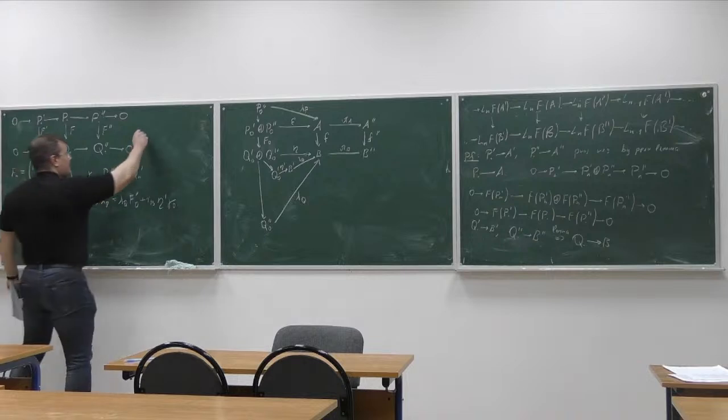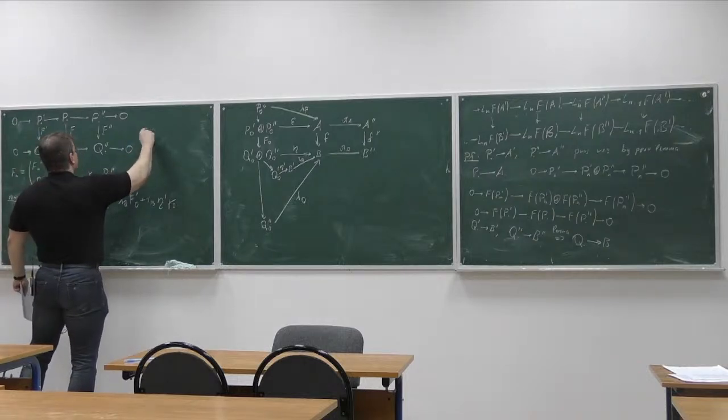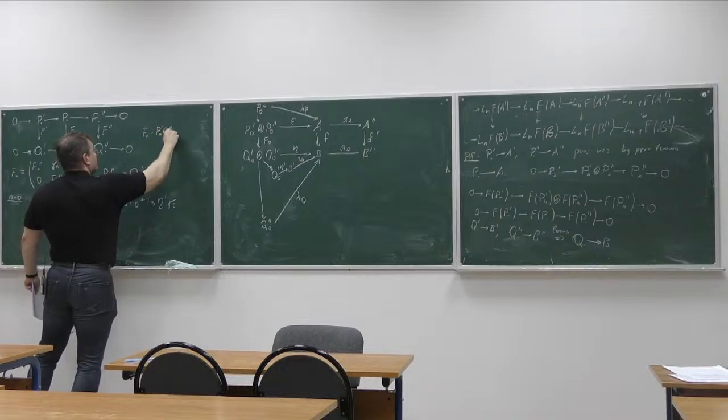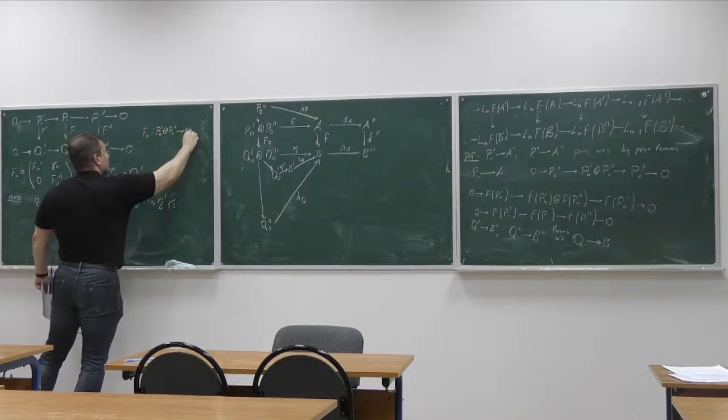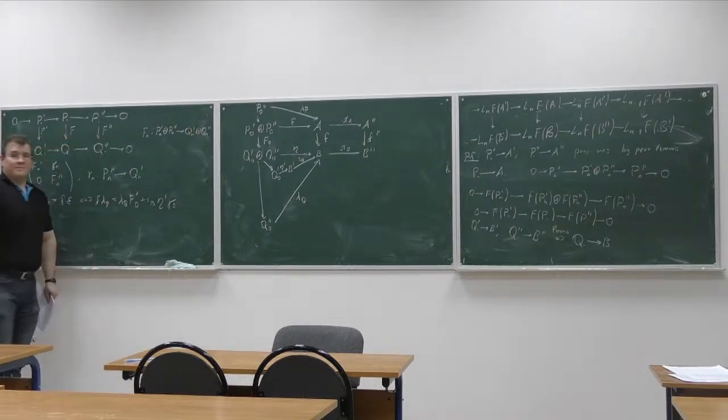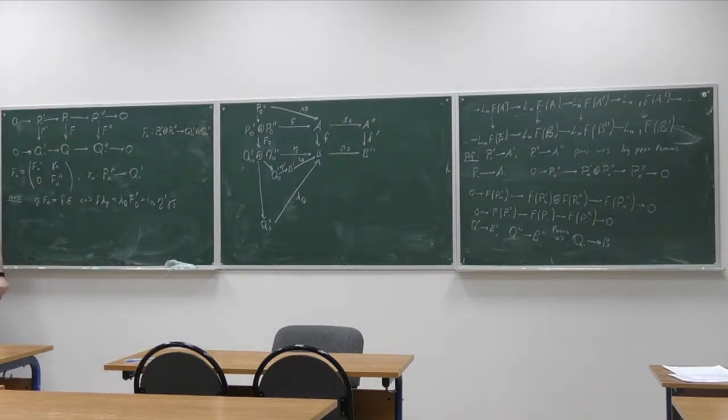Well, again, what's a map Fn? That's a map from the Pn prime plus Pn double prime to the Qn prime plus Qn double prime. Right? And then I just write this in terms of the 2x2 matrices.